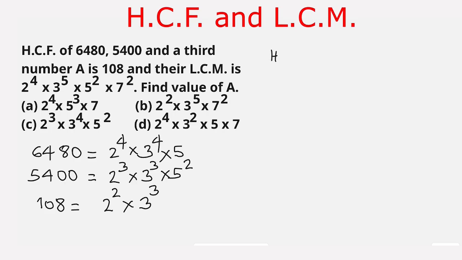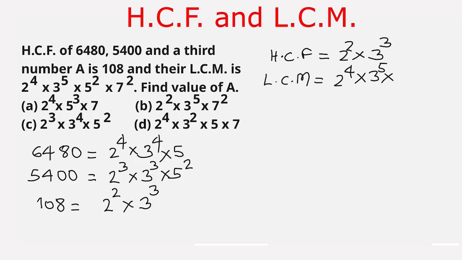Now we write the HCF and LCM in terms of their prime powers. HCF is 2 to the power 2 multiplied by 3 to the power 3, which is 108 as given to us. LCM given to us is 2 to the power 4 multiplied by 3 to the power 5 multiplied by 5 to the power 2 multiplied by 7 to the power 2.